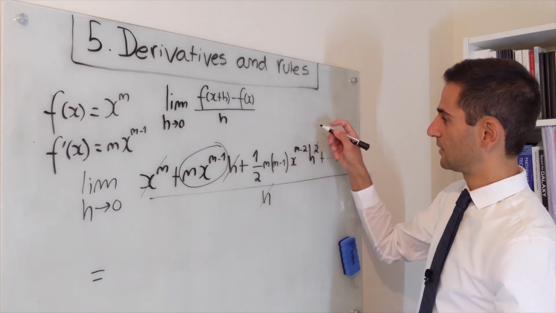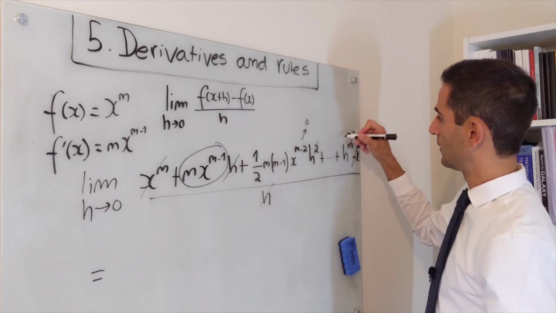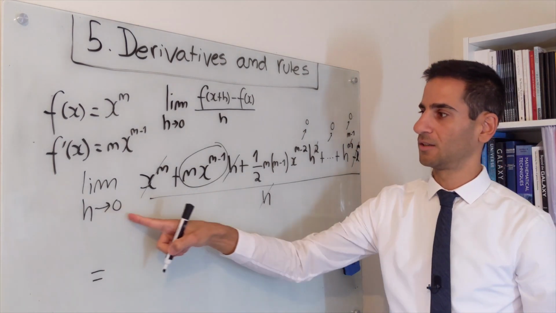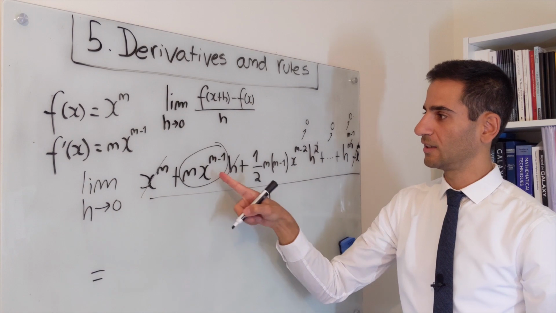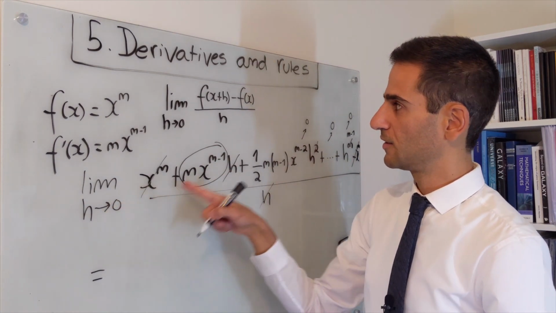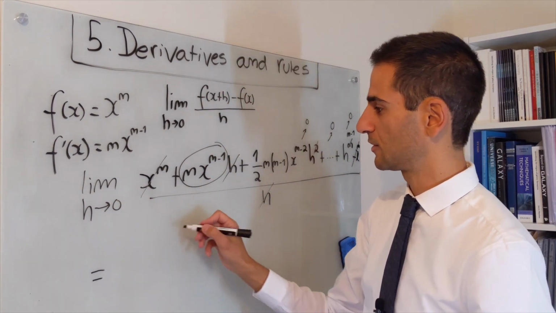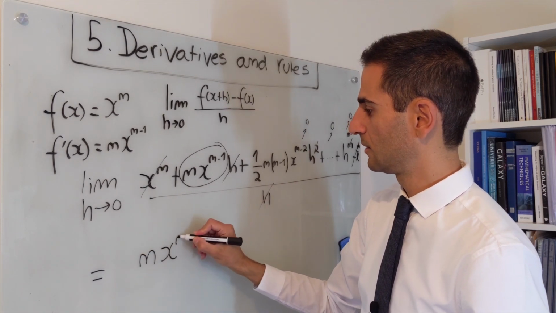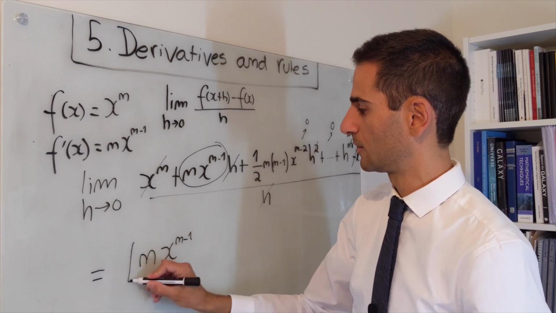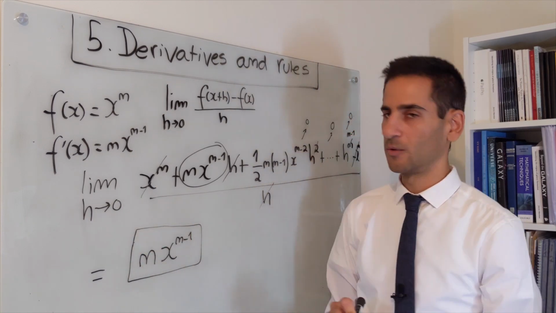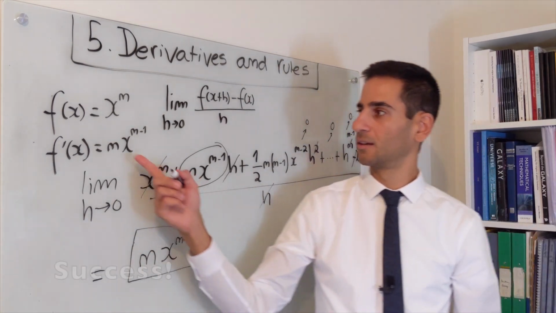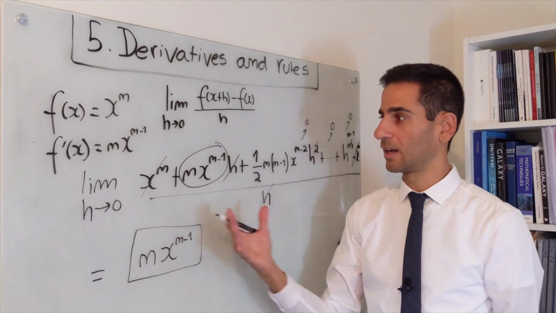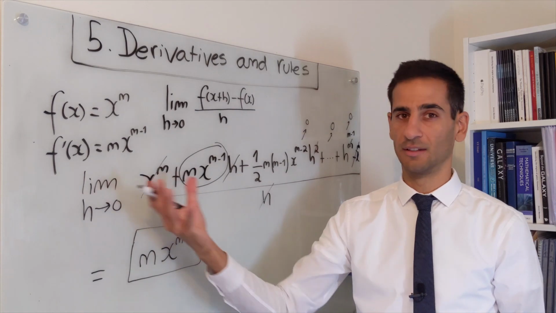So it means this one goes to 0, all the other terms go to 0, this one goes to 0 when h goes to 0, and therefore the limit when h goes to 0 of this for the function is just this term, n x to the power of n minus 1. And it means we have demonstrated this differentiation rule. Again, the crucial thing here is really knowing how to binomial expand this expression.